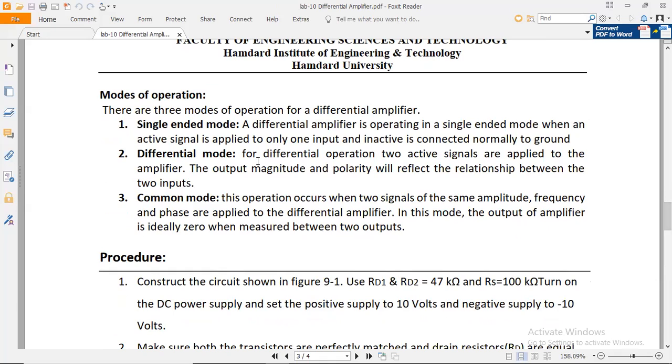Differential mode is what? For differential operation, two active signals are applied. That means both the supplied signals are provided to the differential amplifier, and the output magnitude and polarity will reflect the relationship between the two inputs. What is the meaning of this?